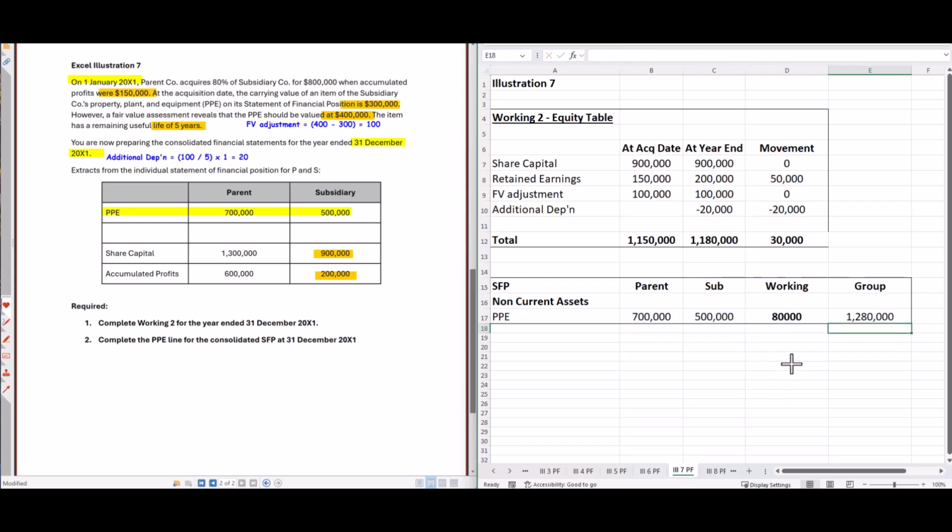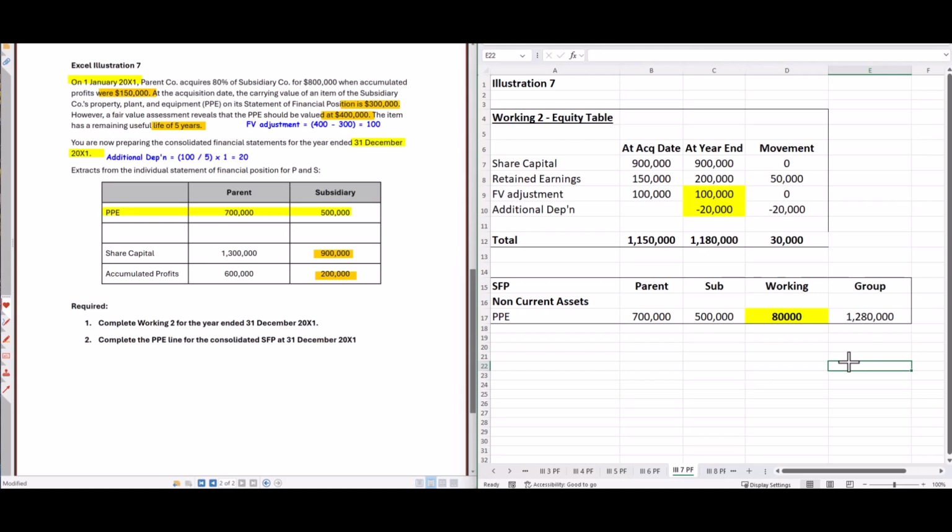Okay, so don't forget that by the year end, this adjustment at the bottom here is the other side of this. So we are debiting and crediting the statement of financial position, and we're debiting and crediting the equity table as well. So you need to do both things in order to get all the marks available.